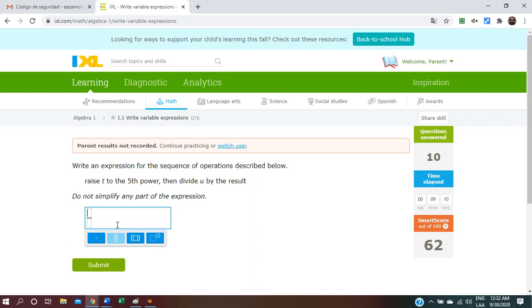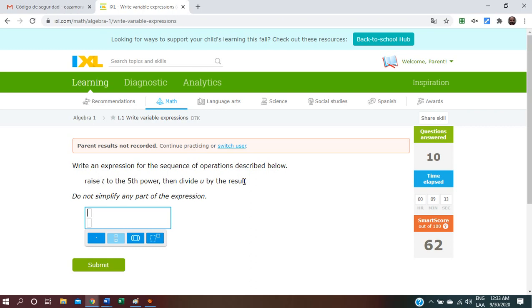We can use the fraction button, and then we raise t to the 5th power, then divide u by the result. Oh, it's backwards.